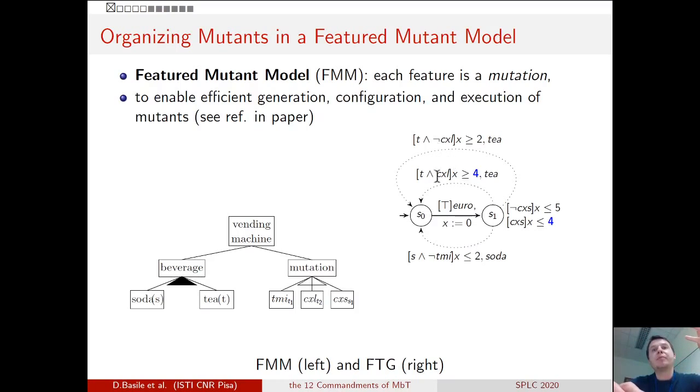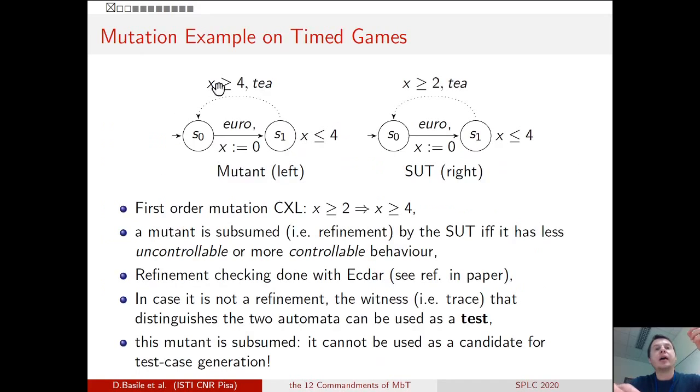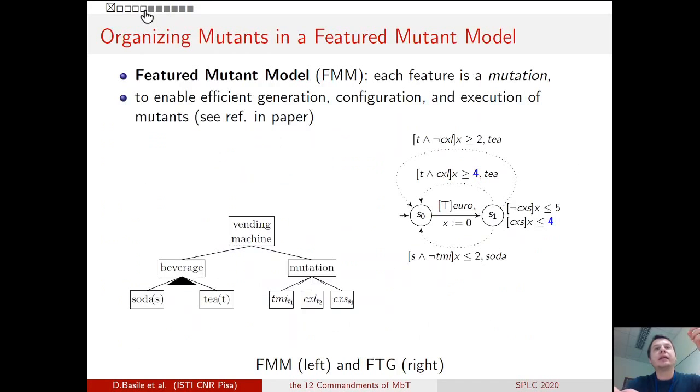In this particular example, when we activate this mutation, we have the mutated constant, while when it is not activated, the constant is the same. The mutant in this example can be obtained by projecting the featured timed game on this particular set of features, that are the tea and the CXL mutant for this specific transition.